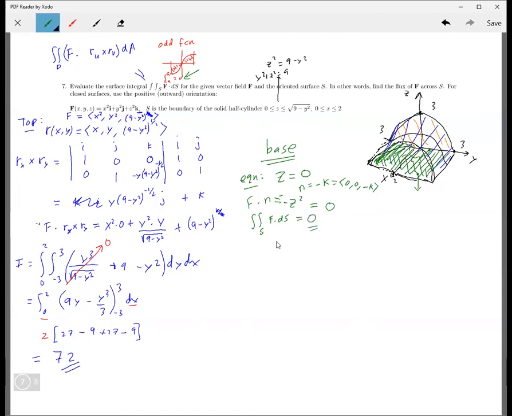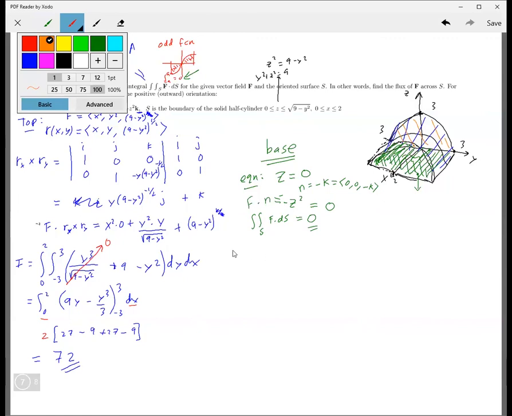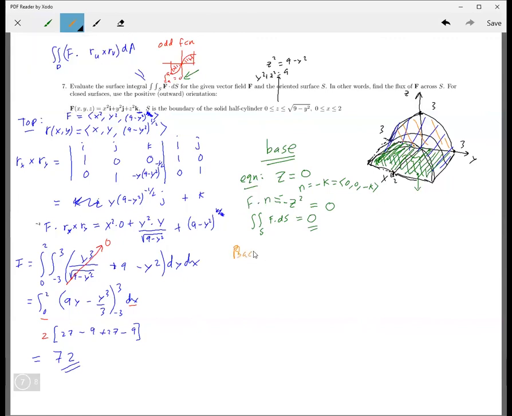Now, let's do the back side. Okay, so back here. And what's the equation for that?